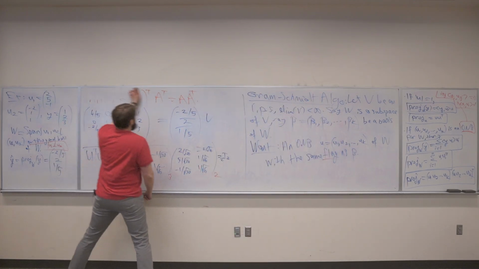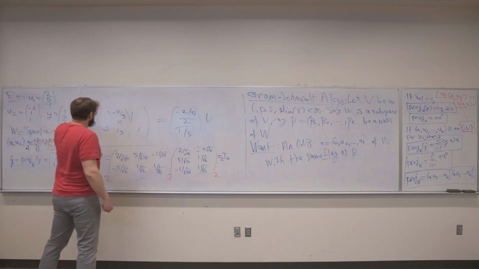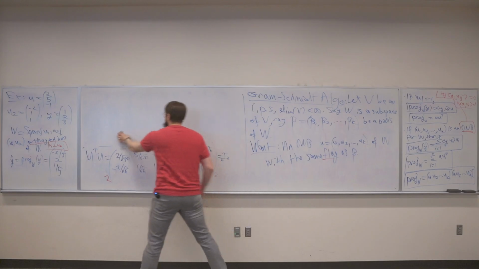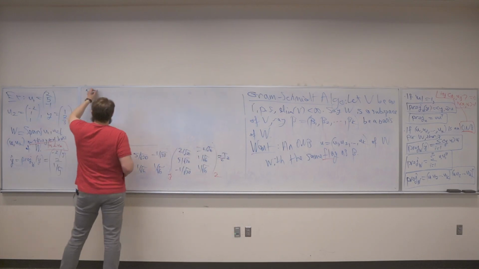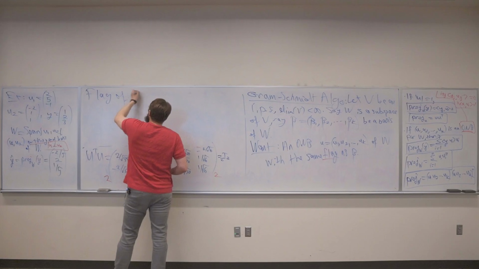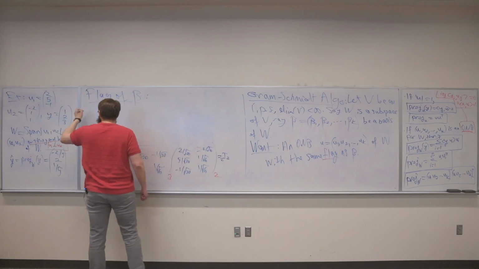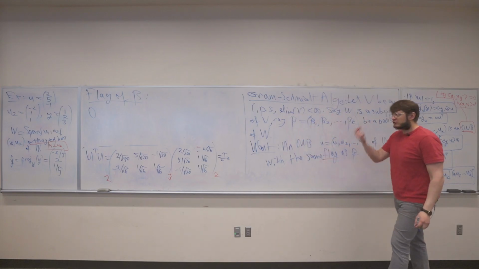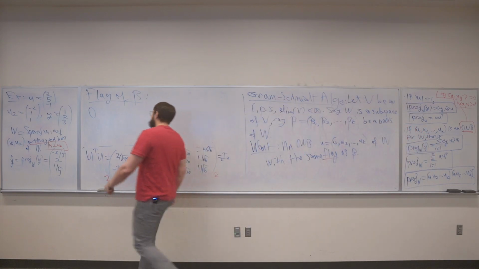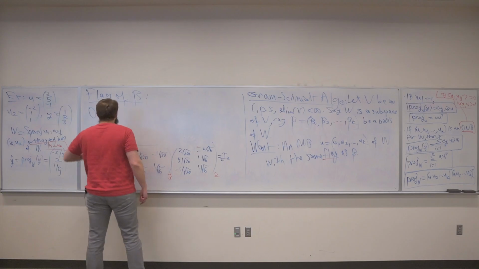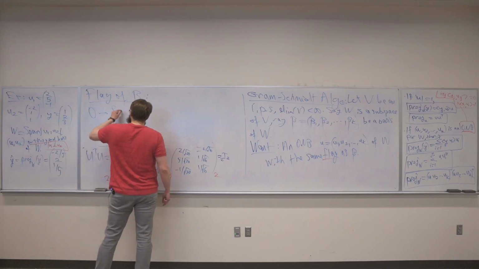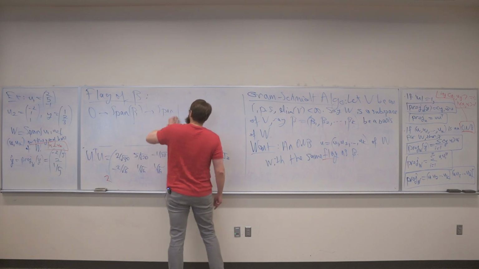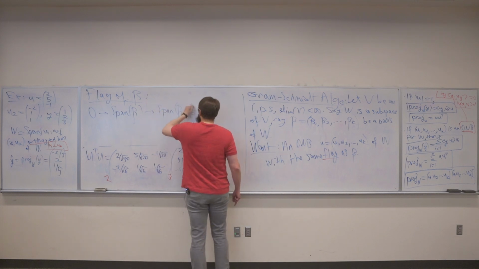So the flag of beta is the 0-dimensional vector space that consists only of the origin. Then you have the span of beta 1. Then you have the span of beta 1, beta 2, and so on.